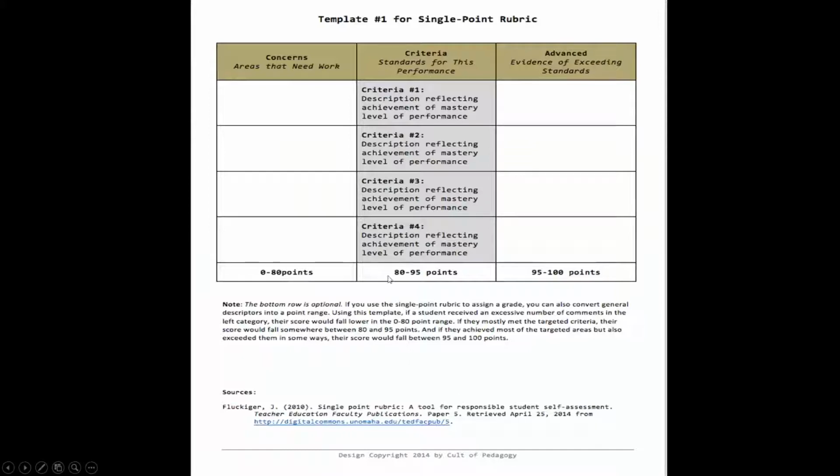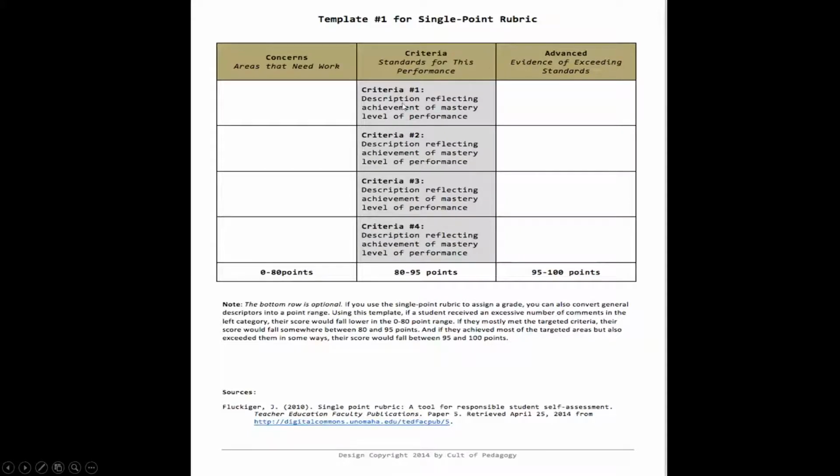So see concerns, areas that need work. So you're actually providing feedback, yeah. Feedback of what you want them to do. If you want them to give more, you want them to advance and provide evidence of exceeding standards, you are able to do that.